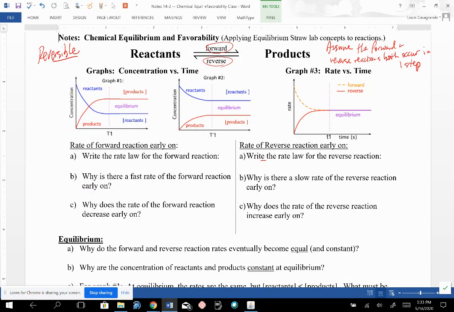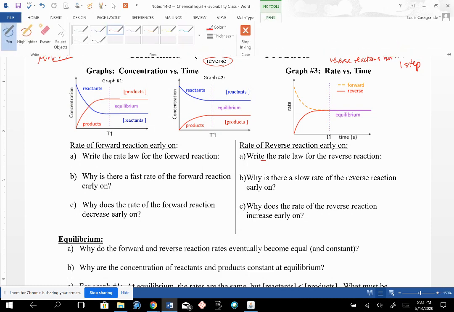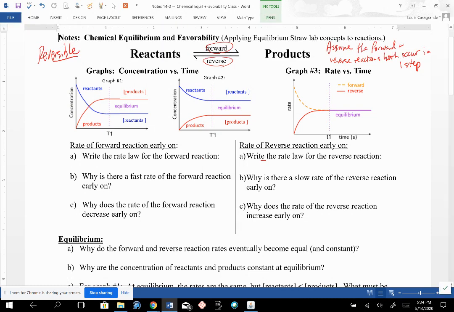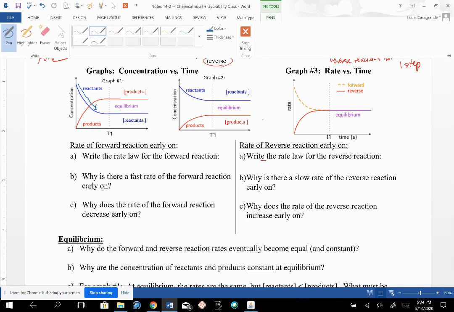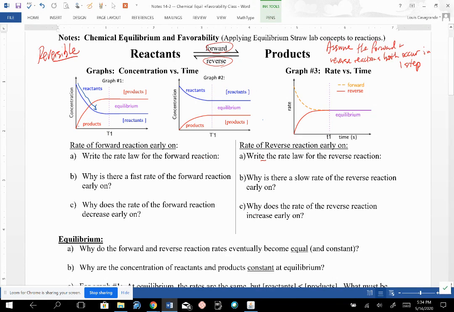In these graphs, in graph number one, we're going to start, and both of these, we're going to start with reactants, not starting with products. And as the reaction proceeds, the reactants are going to decrease, and they're going to reach some concentration, just like the straw lab did. And as the products are formed, they increase.